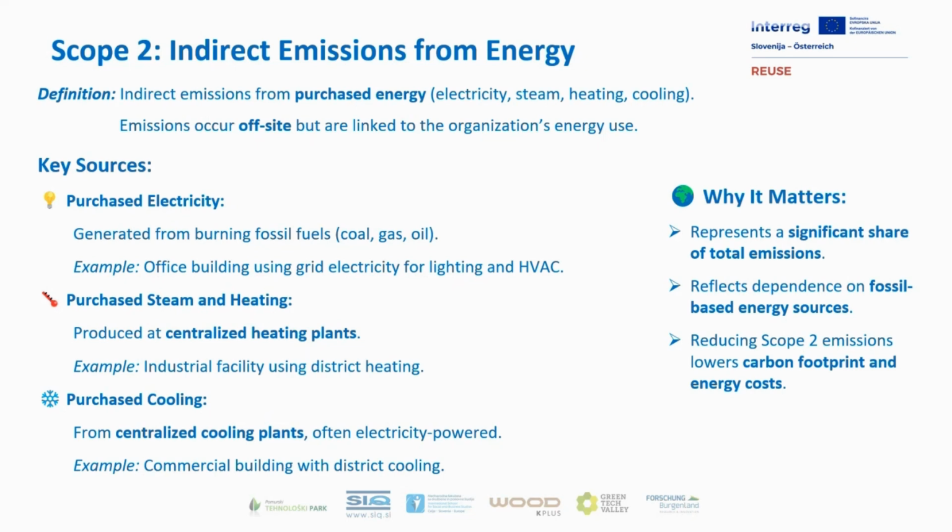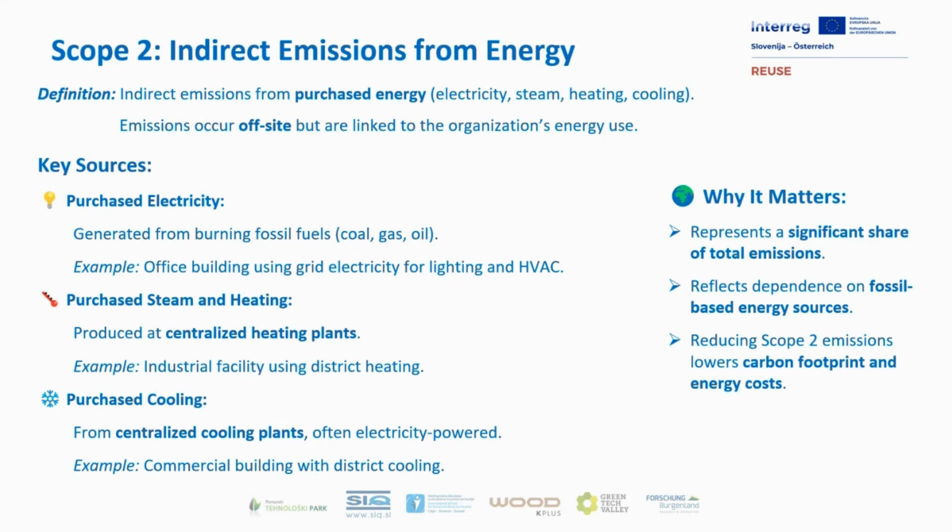Even though these emissions don't occur on site, they are still directly linked to the organization's energy use. That's why they're included in the carbon footprint, because without the organization's demand, these emissions wouldn't exist. So Scope 2 emissions are especially important in sectors with high electricity consumption, such as manufacturing, retail, or data centers.